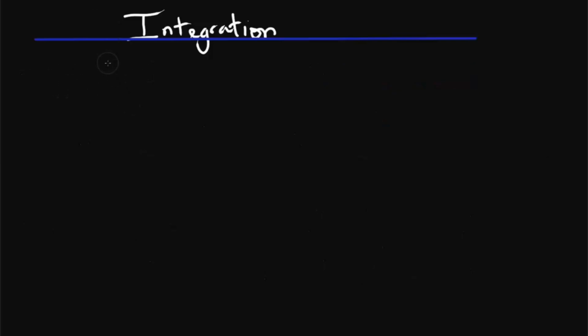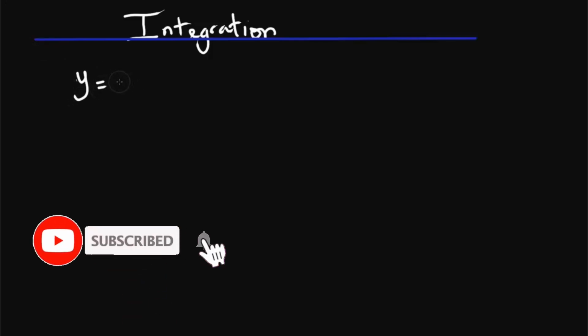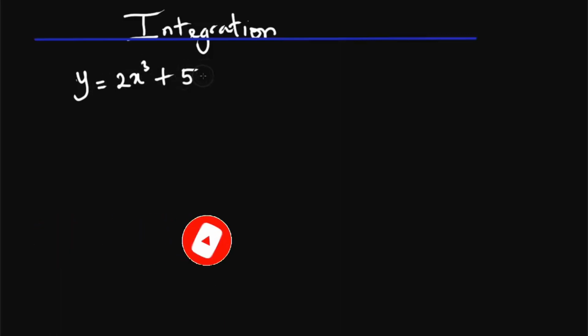Integration is the opposite of differentiation. So if I have a function, say y equals 2x cubed plus 5, when I differentiate this function, I have dy dx equal to 6x squared.